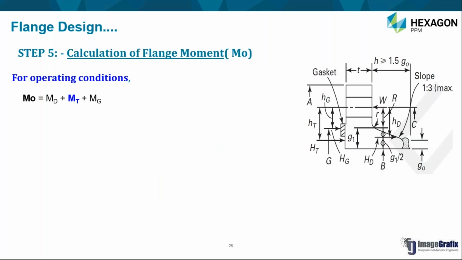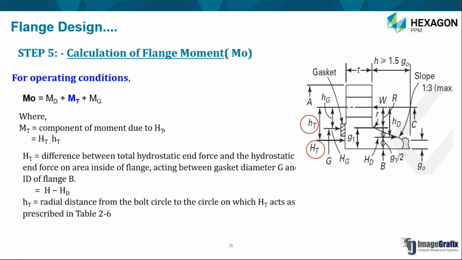Then there is another force, which acts in the annular space between the gasket load reaction and the ID of your flange. This force is called HT. HT is nothing but the difference between the total hydrostatic end force and the force acting on the area inside the flange, between the gasket diameter G and the flange ID.